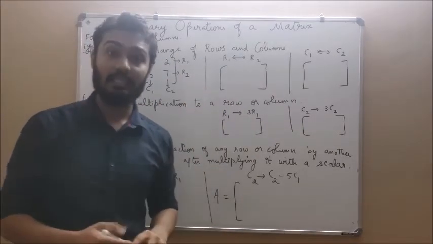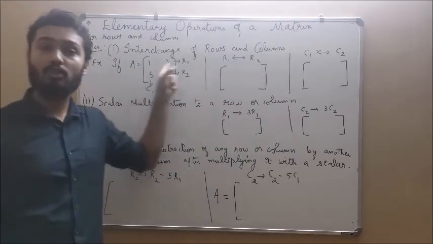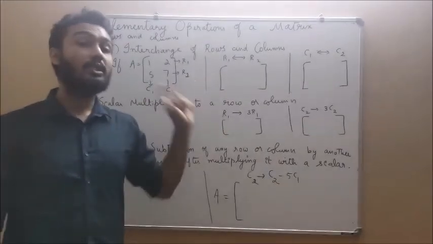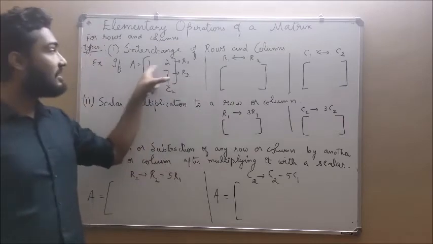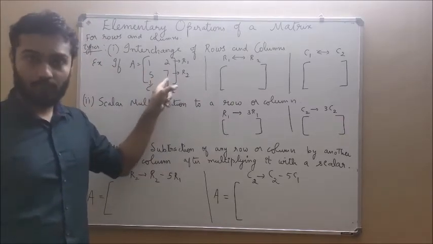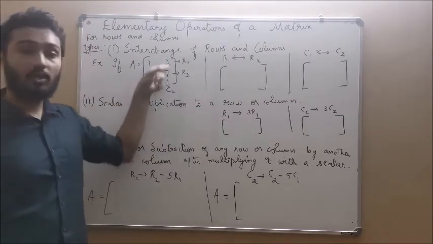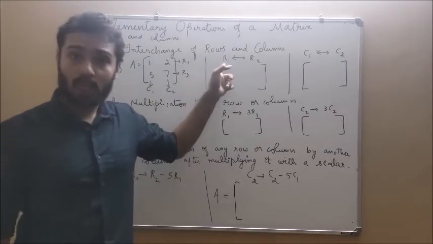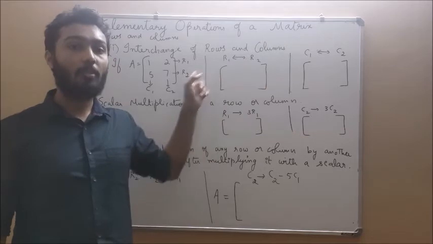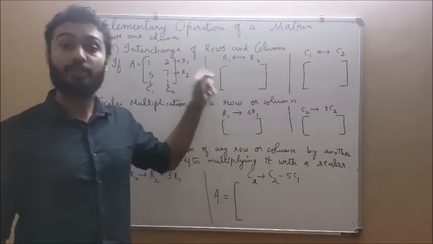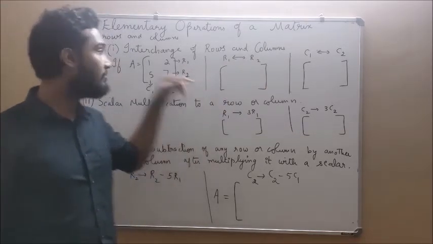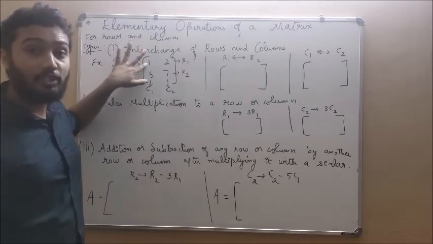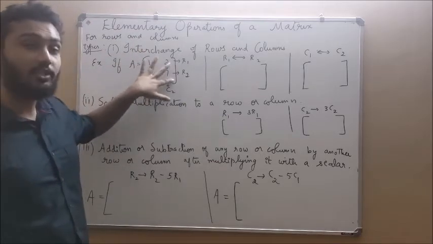For example, if there is a matrix here, 1, 2, 5, 7, this is row 1, this is row 2. This is column 1, this is column 2. Now, interchanging means shifting row 1 to row 2 and row 2 to row 1.